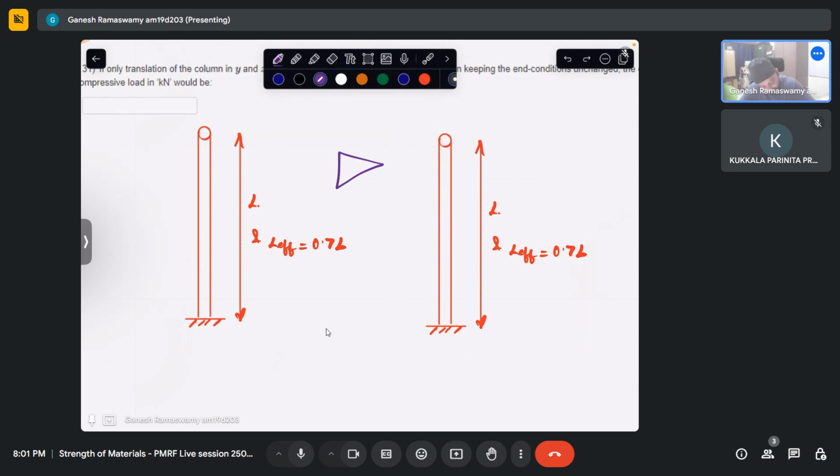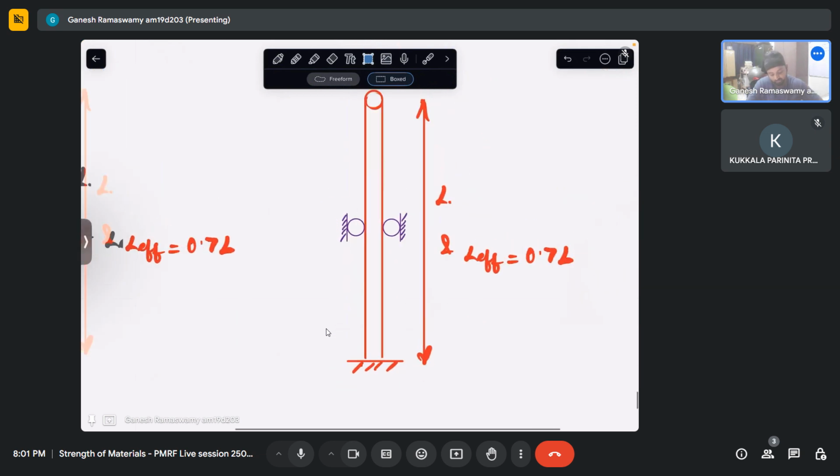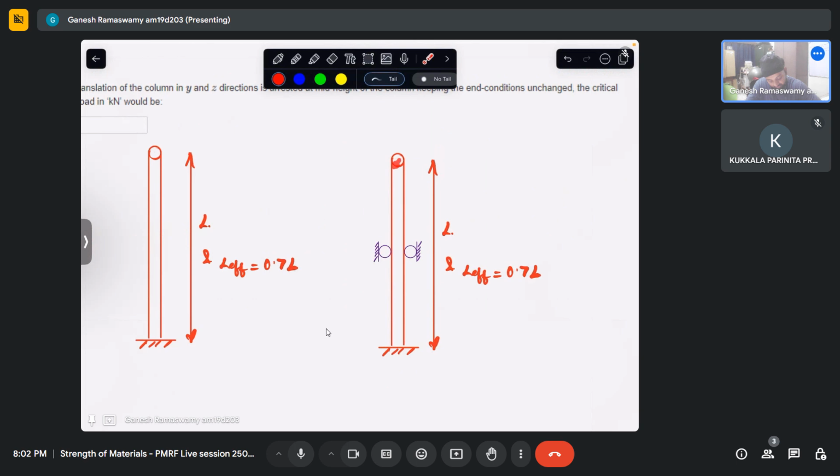So what we have done, we have placed something like this at mid height. So what will this do? This will make it buckle like that.